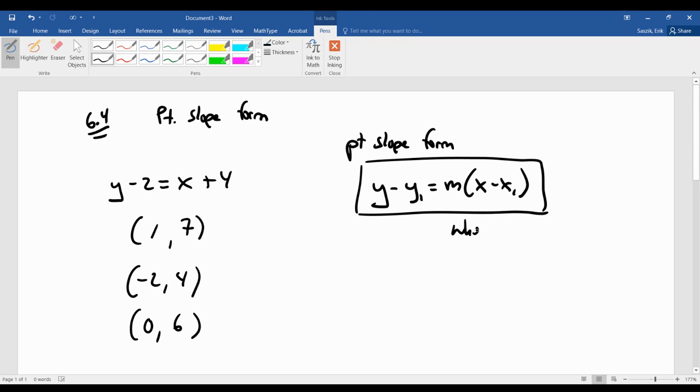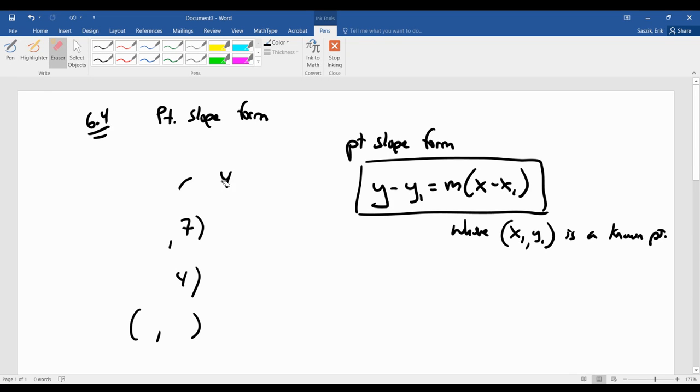And this is where x sub 1 comma y sub 1 is a known point. All right. It's a known point. Now, where did this come from? Let me show you where it came from.